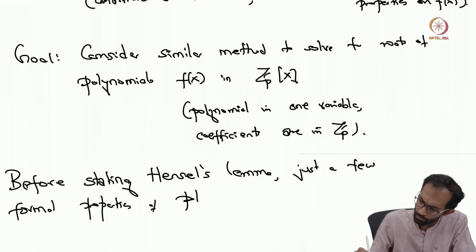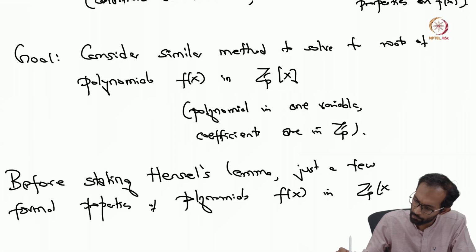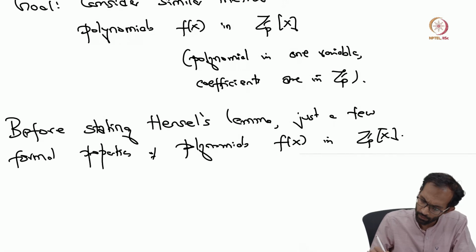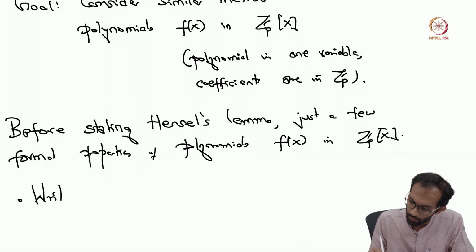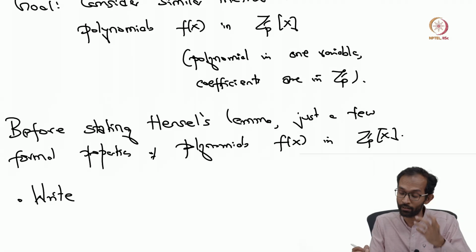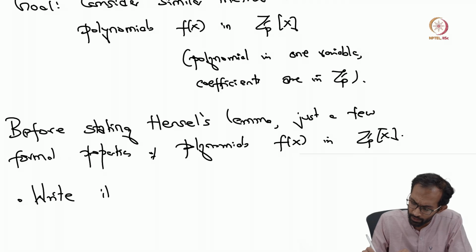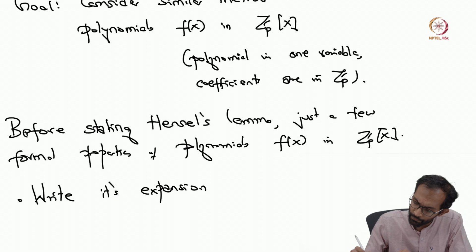Of polynomials f of x in Zp of x. You can usually consider this expansion at 0, but you can just write the expansion of the polynomial centered at any random point.